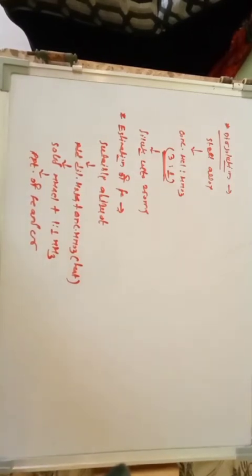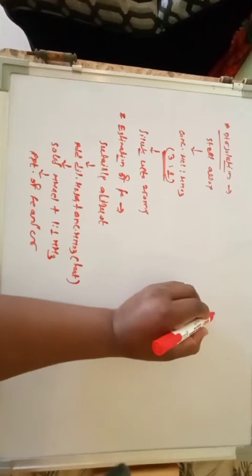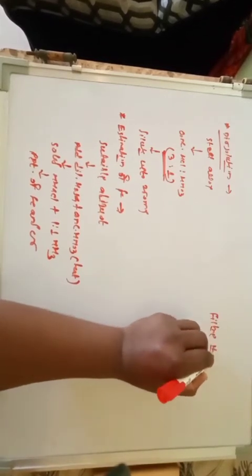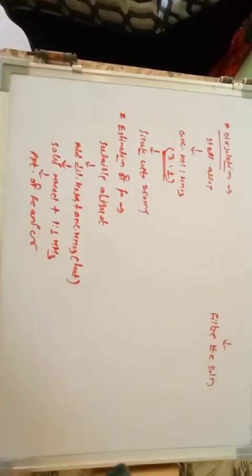The next step is to filter the solution. So after precipitation, filter the solution. The precipitate is both iron and chromium hydroxide.